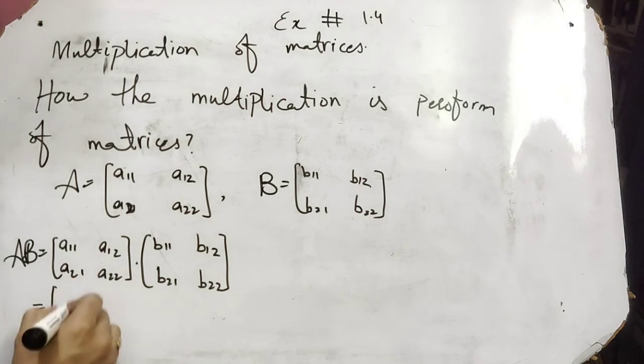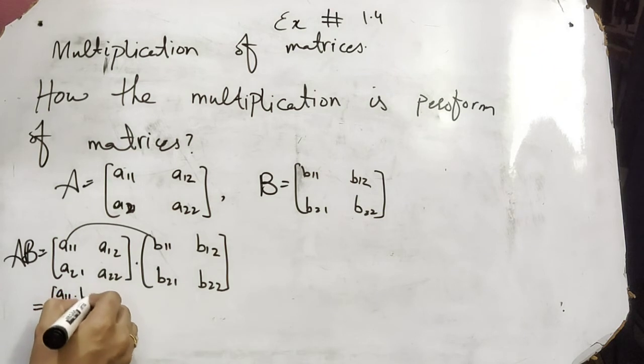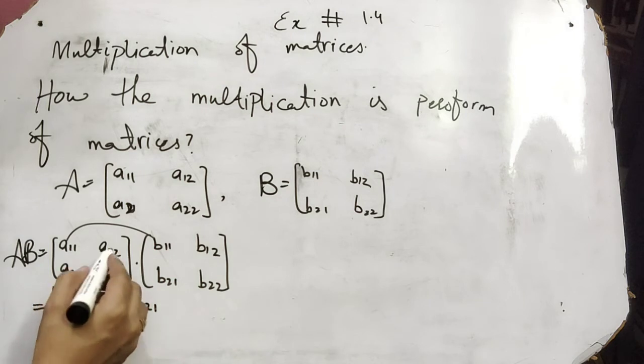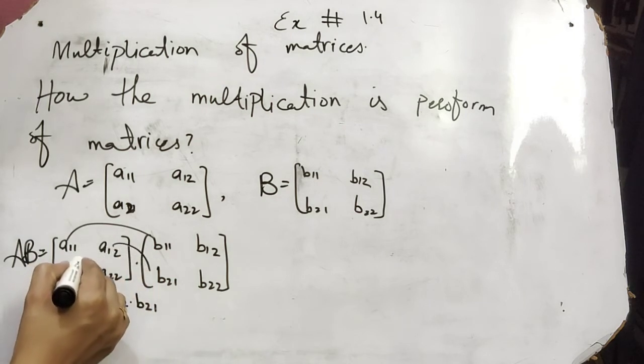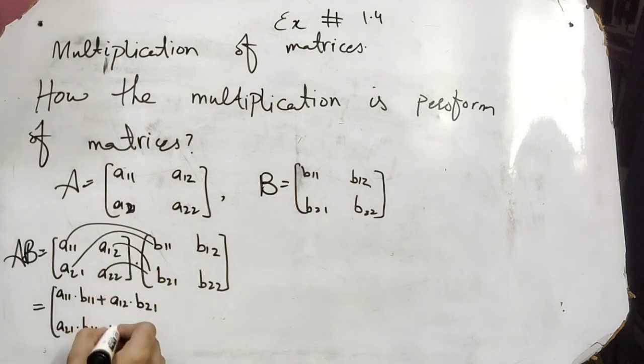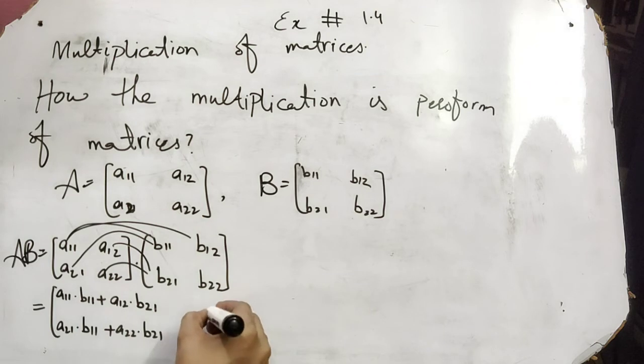It will be equal to A11 multiplied by B11 plus A12 multiplied by B21. The next is A21 multiplied by B11 plus A22 multiplied by B21. Next move toward the second column.